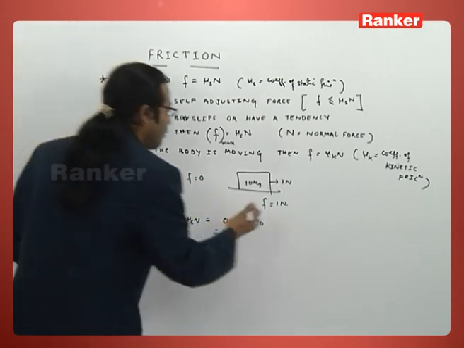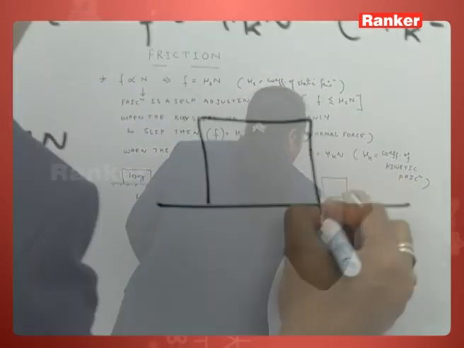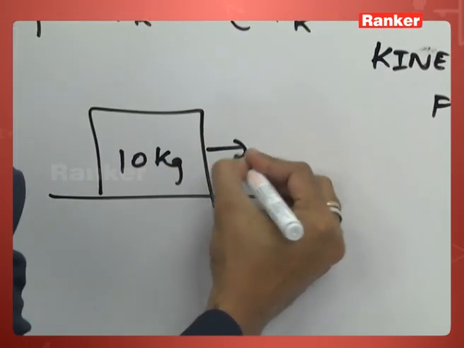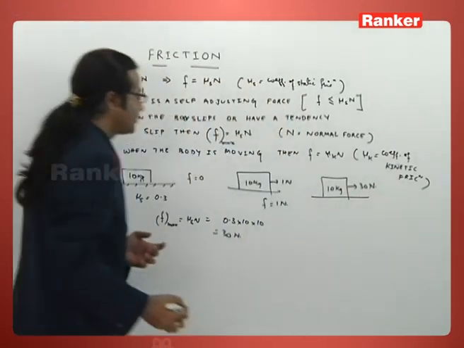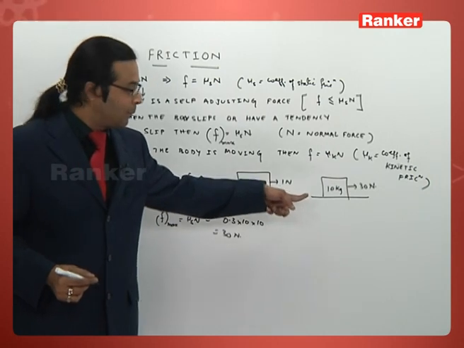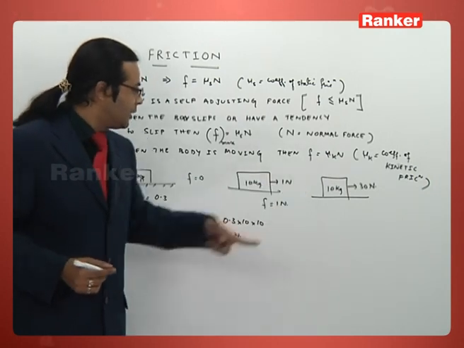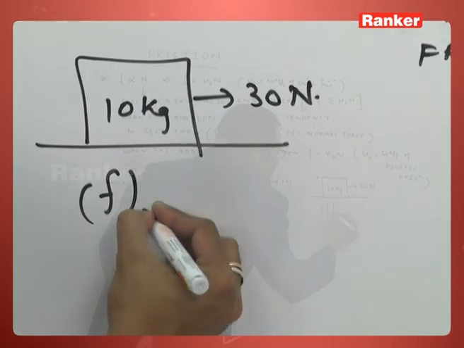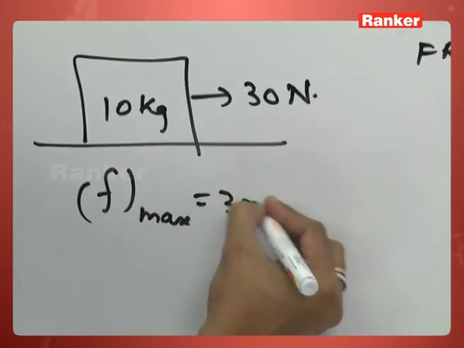So suppose instead of 1 Newton, I am applying exactly 30 Newton. Now the body is under the tendency to slip, so the frictional force will be maximum, 30 Newton.